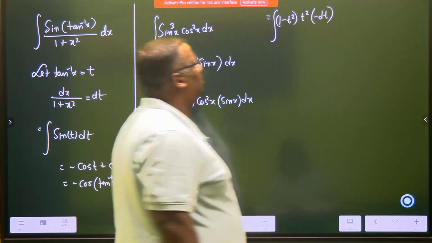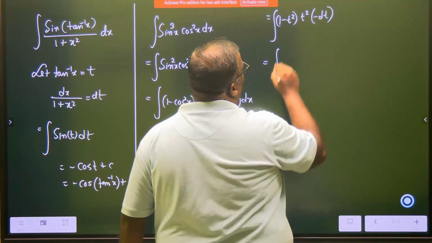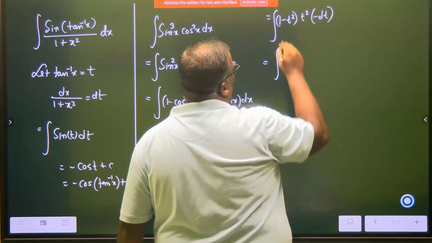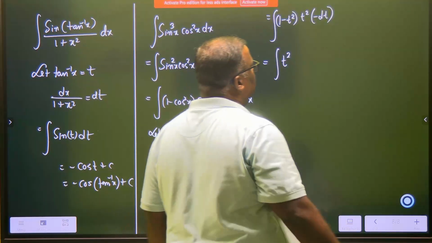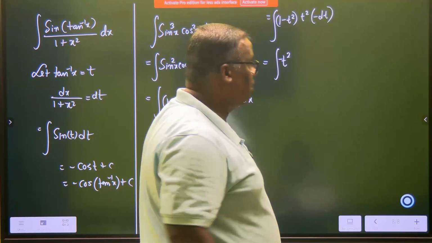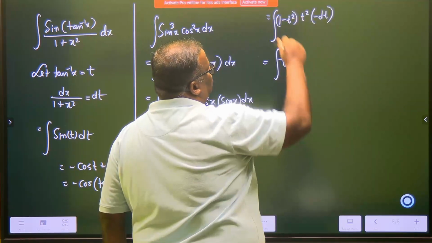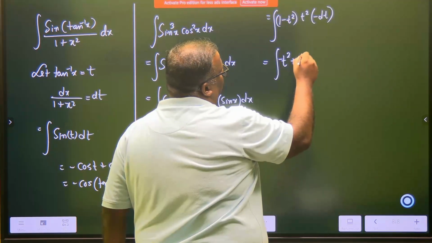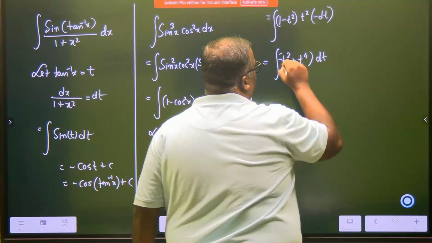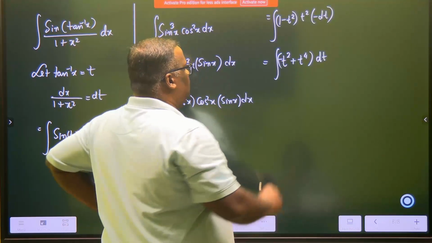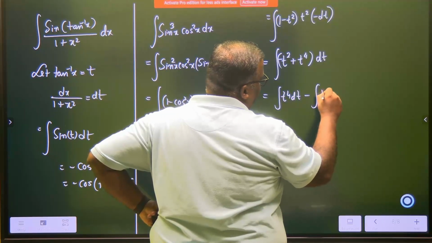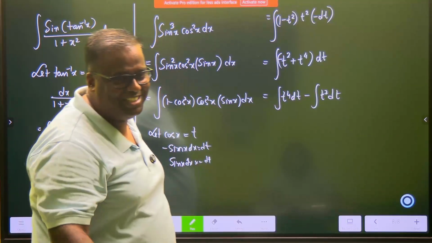Let's see this. If you take this negative and multiply t square with 1, it becomes t square, but you have a negative, so I have taken this as negative t square. Then t square into t square is positive t4 minus this. Now can I just put my dt? No one stops me. Then further it becomes integral t4 minus t square dt. So easy. Now it has come in our format.